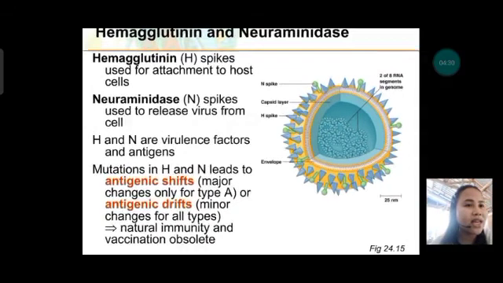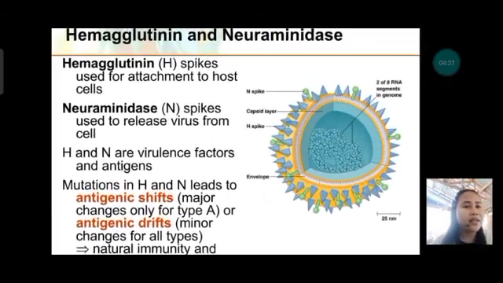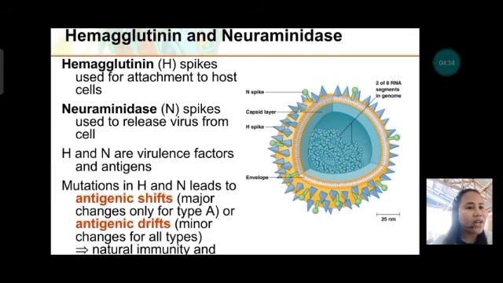As we can see, the green spike is the N spike, which is used to release virus from the cell. And the H spike is the blue spike. This spike, the hemagglutinin, is used for attachment to host cells.